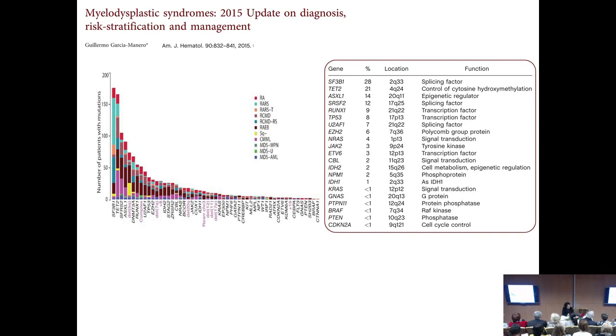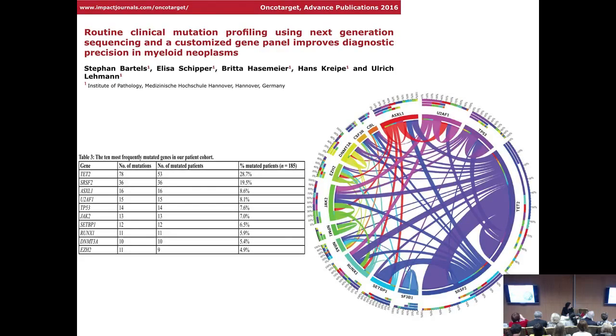So the presence of these mutations in MDS means that we can use them to discriminate reactive changes showing dysplasia and cytopenia from clonal hematopoietic neoplasms which show these mutations. So this is a real progress in the diagnostic field.